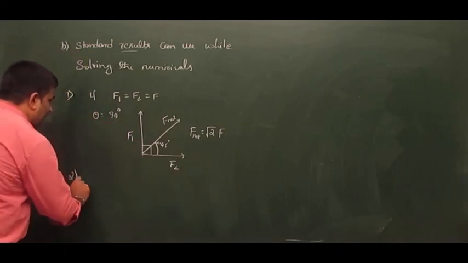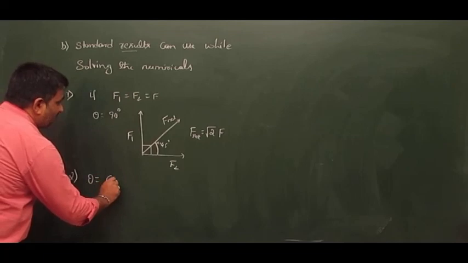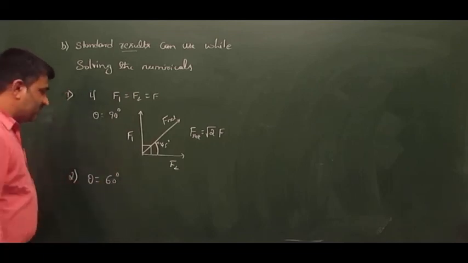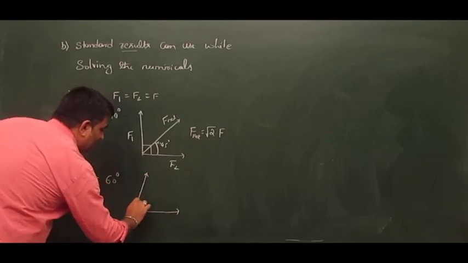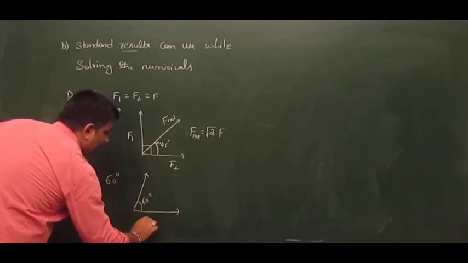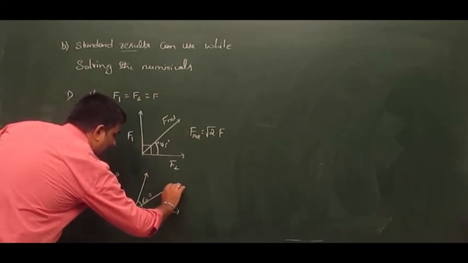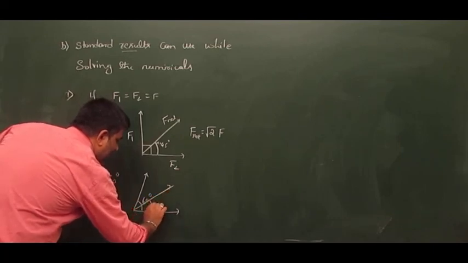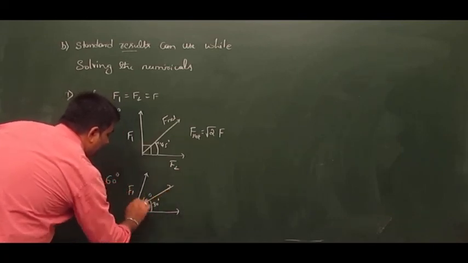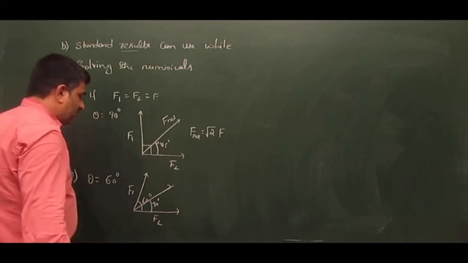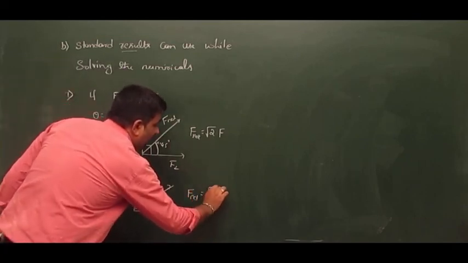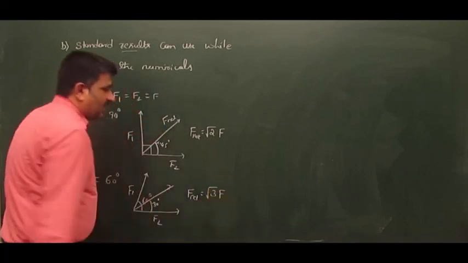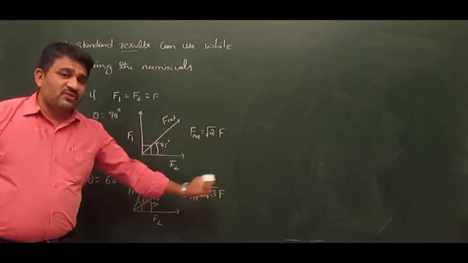Similarly, for the second case, theta is equal to 60 degrees. I am approximately drawing here. The angle is 60 degrees. The resultant F net is at 30 degrees. Here it is F1 and here it is F2. The force F net is equal to square root of 3 into F. Directly we can substitute.